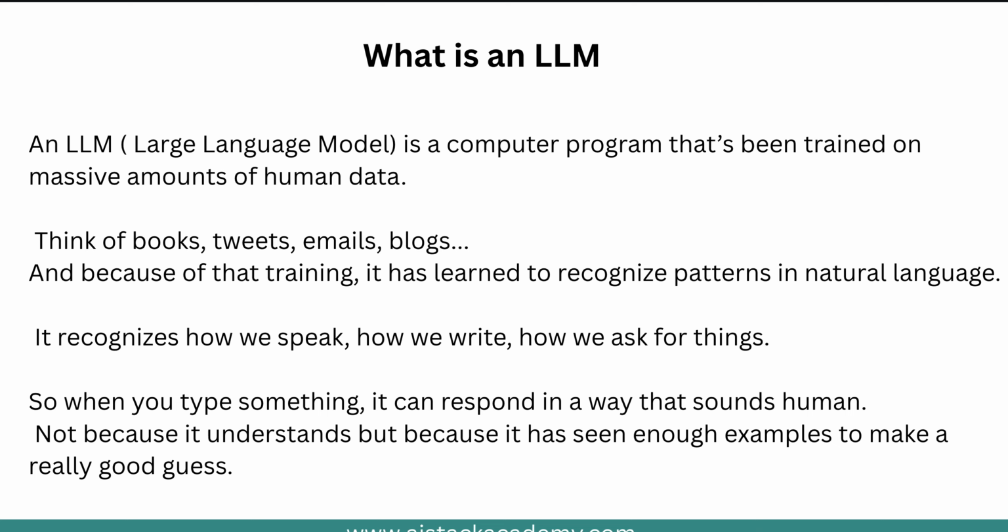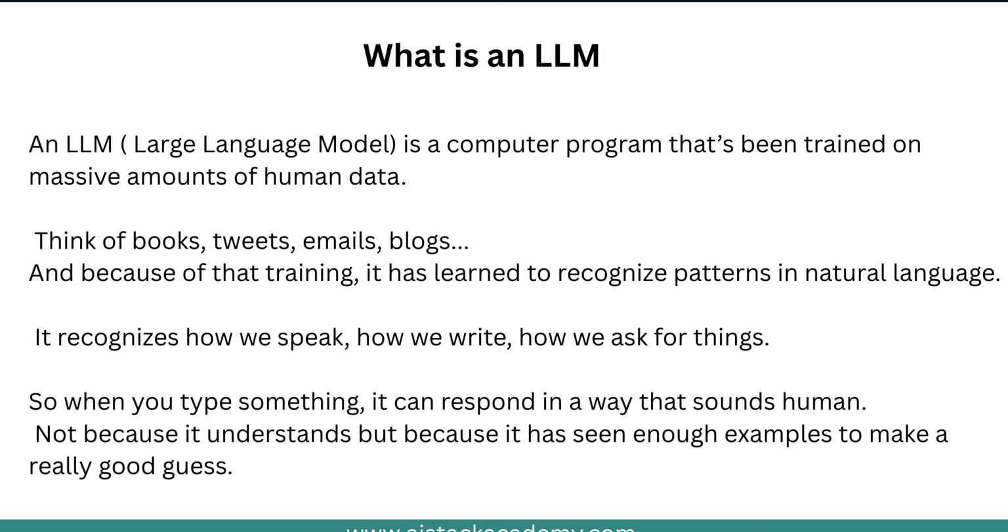All right, it has started to recognize patterns in natural language, the language that is being used to communicate with you. Okay, so now it recognizes how we speak. It recognizes how we write. It recognizes how we ask for things.